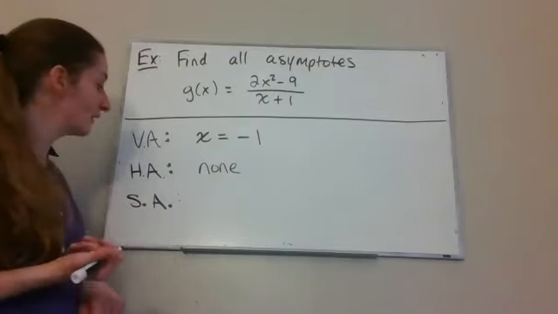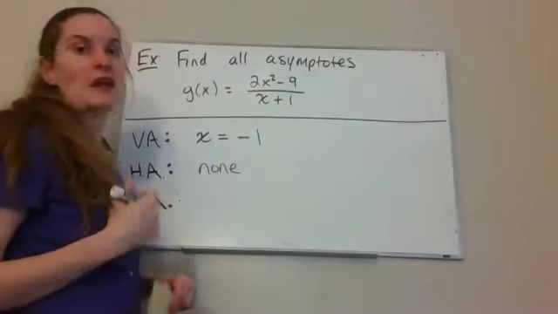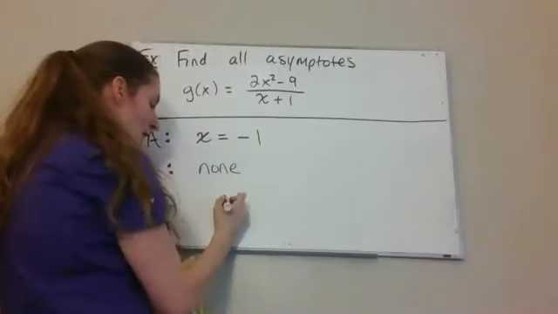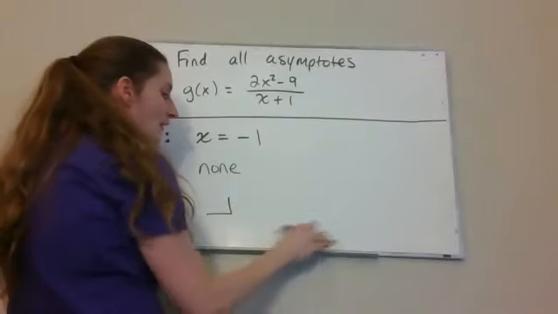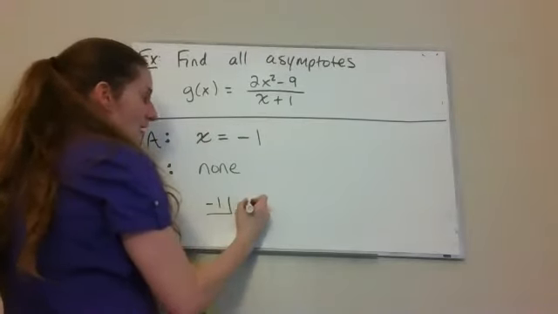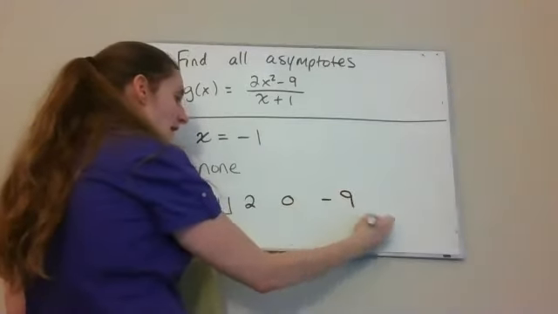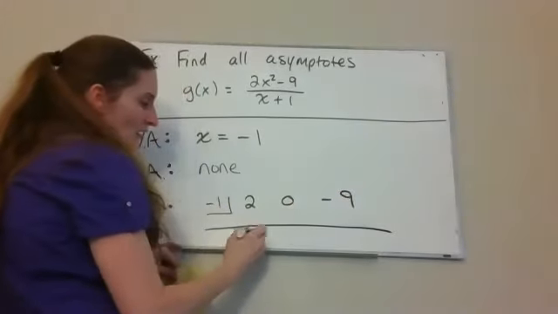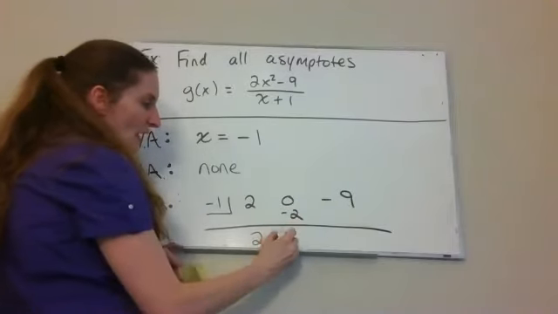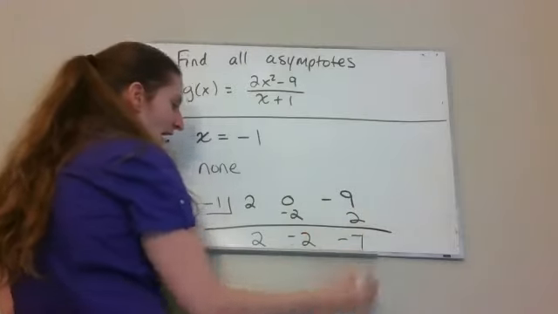So to find the slant asymptote, I have to divide these two polynomials. I'm going to use synthetic division just because I'm dividing by something of the correct form for synthetic. So we have a negative 1 in the box, coefficients of 2, 0, negative 9. Bring down the 2, multiply and add, multiply and add.